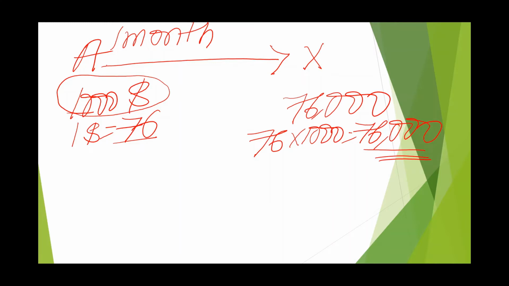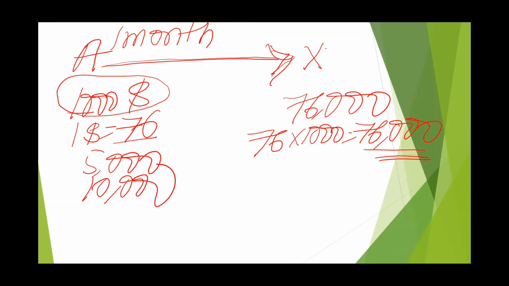But I need to pay an initial amount. Maybe it could be 5,000 or 10,000 rupees to X person so that X is sure that you are going to buy $1,000 next month. This 5,000 or 10,000 rupees is the initial amount that you are paying to X person, making sure that you are going to buy it.